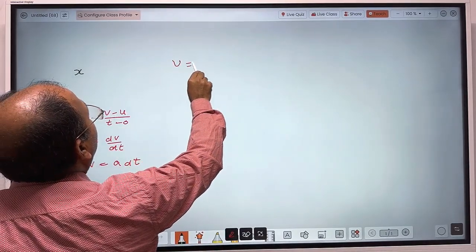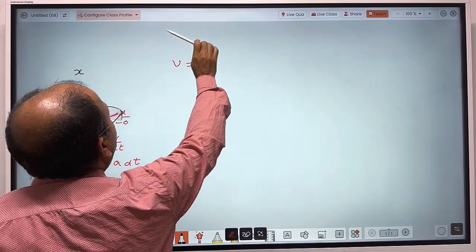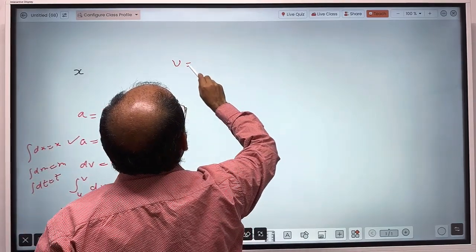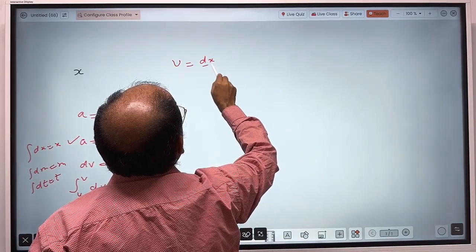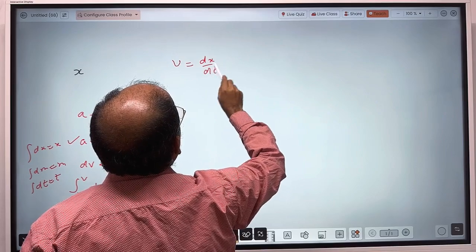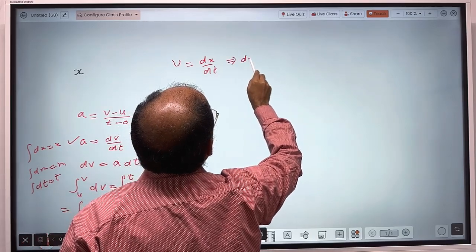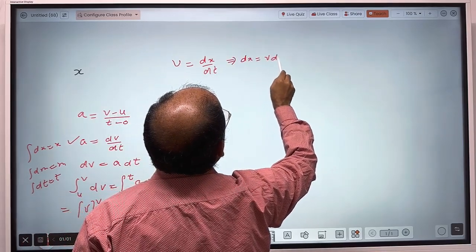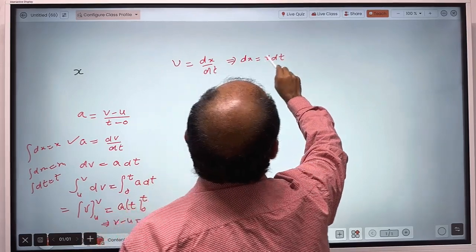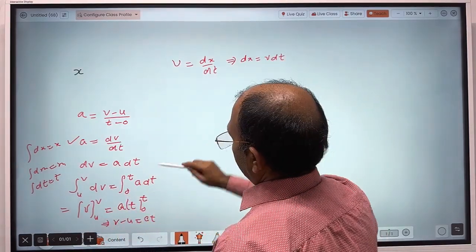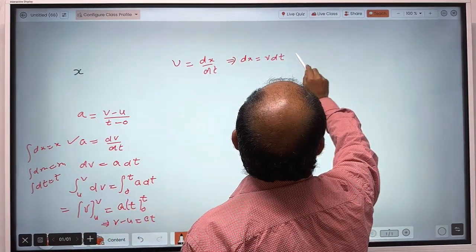Velocity v equal to ds or dx upon dt. So v equal to dx upon dt, or dx equal to v dt. We can put the value of v from here, v equal to u plus at.